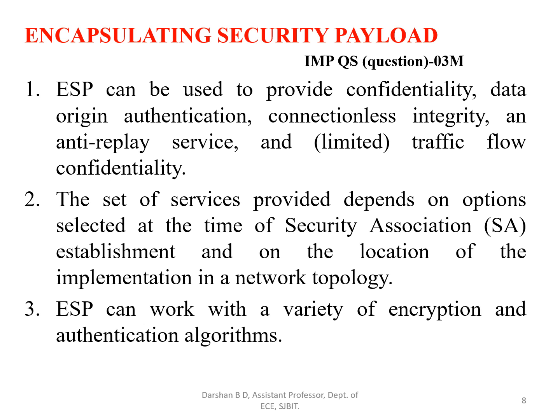Connectionless integrity means we need to check whether the received packet matches the sent packet. The set of services provided depends on the options selected at the time of security association establishment, and on the location of the implementation in the network topology.